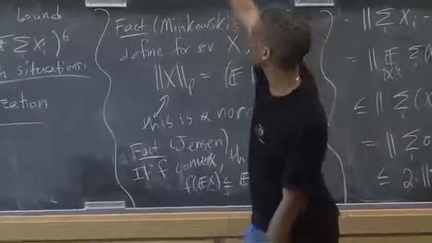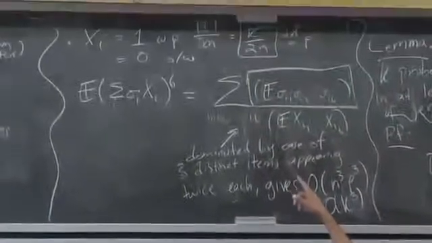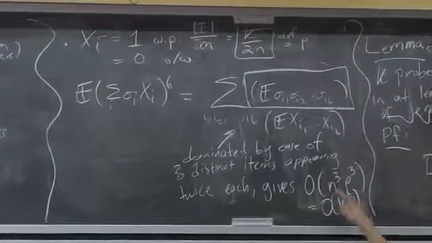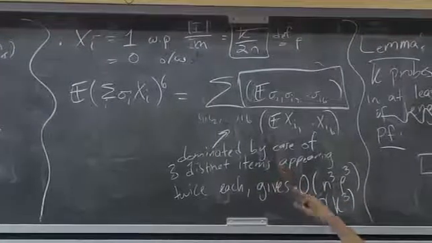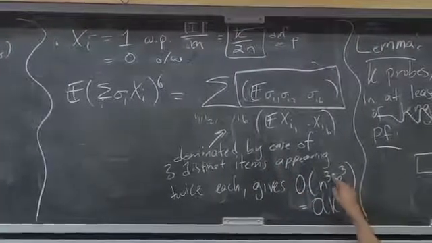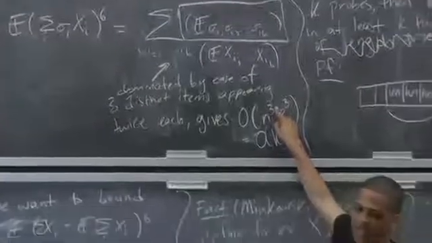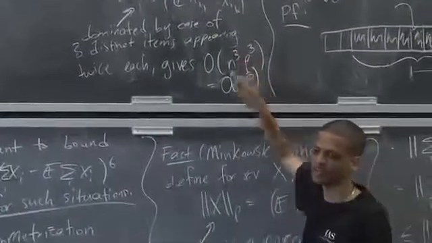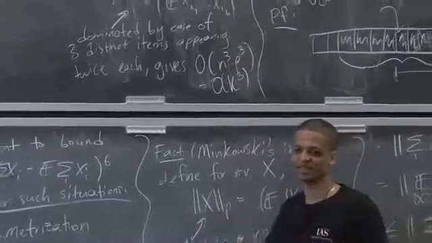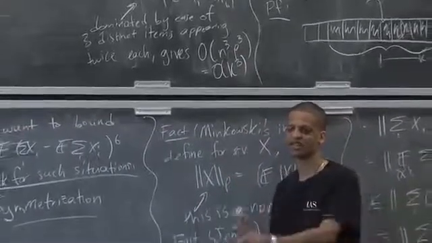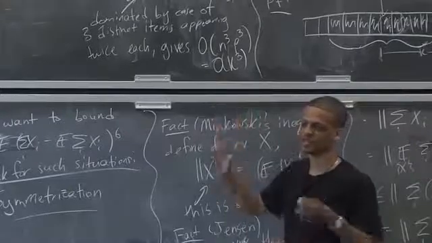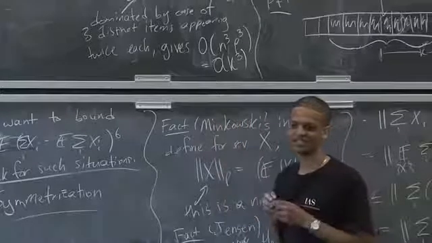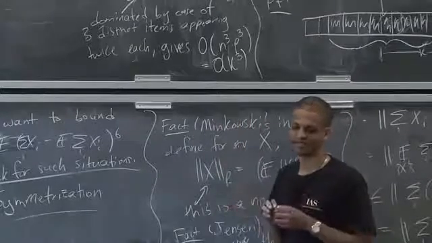If you had to consider every single monomial, well, there are like n to the 6th choices of I1 up to I6. So naively you get n to the 6th here. You'd have to be more careful because you'd have to reason about things canceling in various places with the expectation that you're subtracting off. Whereas if you symmetrize, that sort of does that for you, and the counting problem is easier.